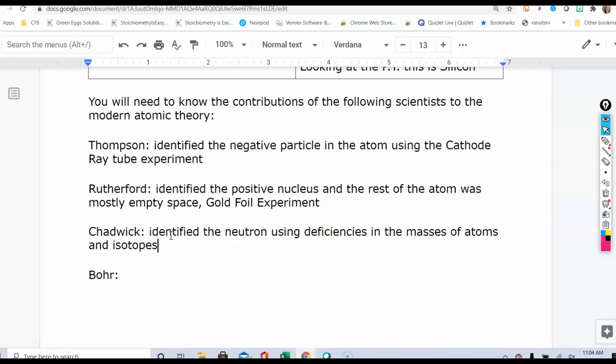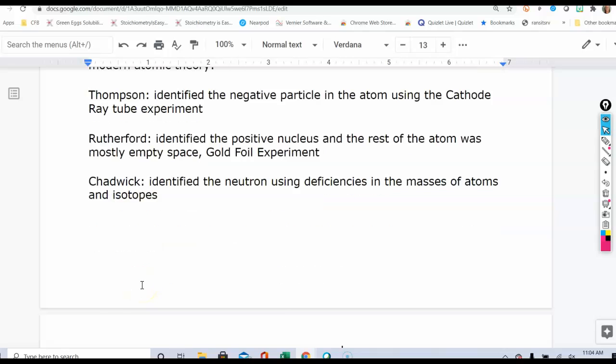Okay, so he identified the neutron. Bohr is responsible for the planetary model of electrons in an atom. Okay, so those were our scientists.